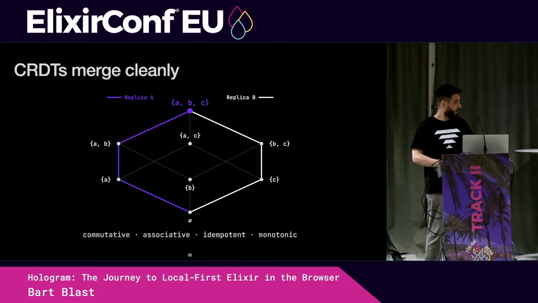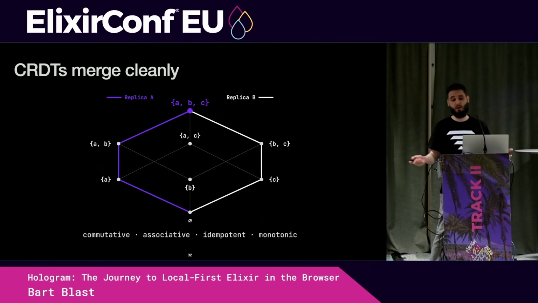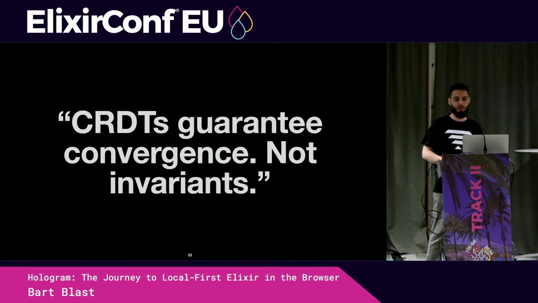Now, as you can see, CRDTs are a genuinely cool idea, so why isn't the whole space just CRDTs? Because CRDTs guarantee convergence. They don't guarantee invariance. A schema says things like, email is unique, foreign keys resolve, balance is greater than 0.